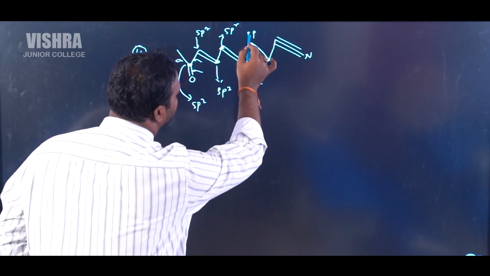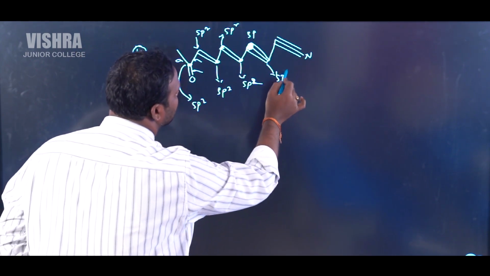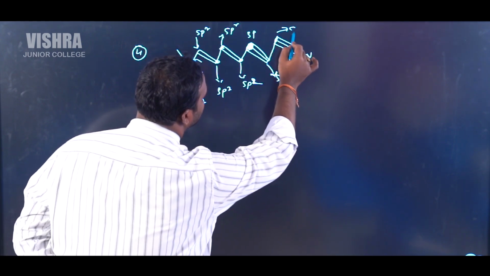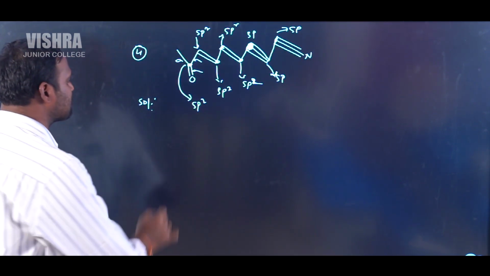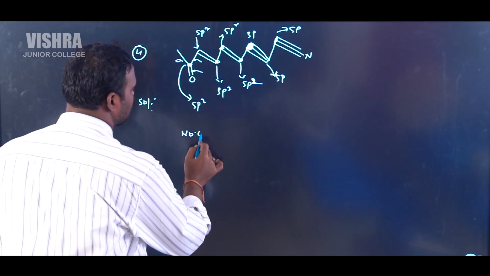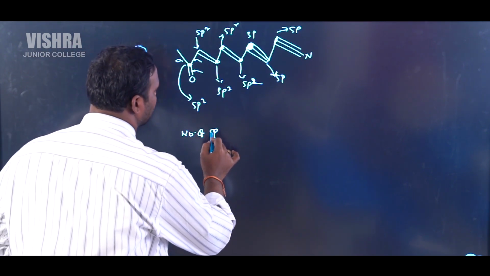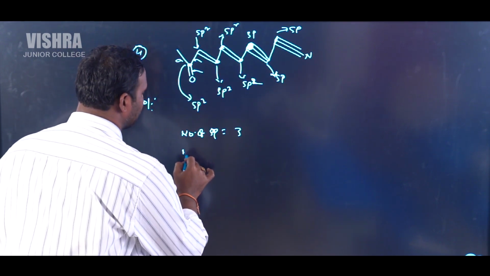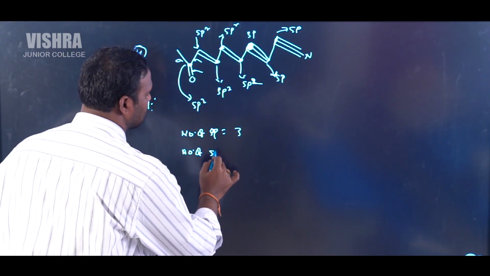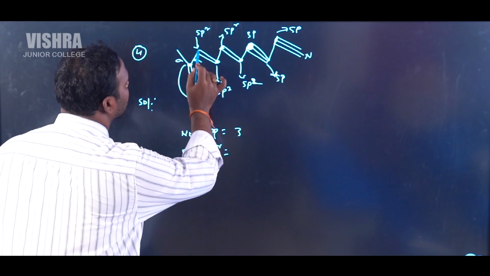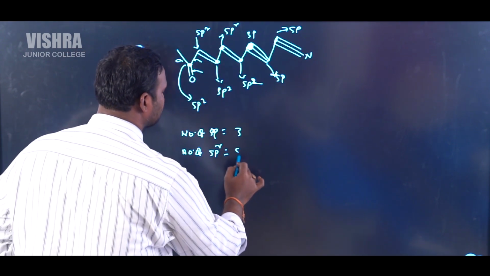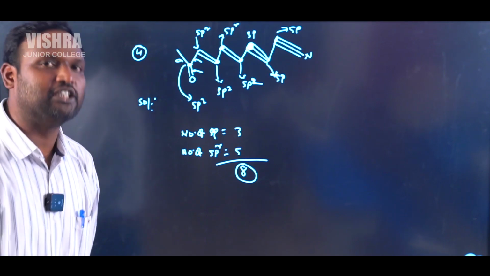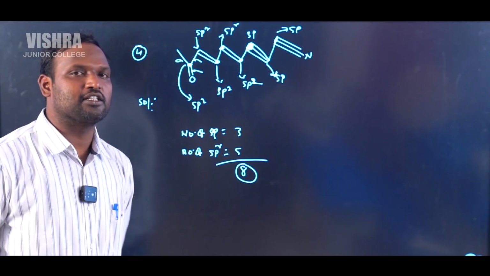So it is sp. It is also sp. This is also sp carbon. So the number of sp carbons in this case is 3. The number of sp2 carbons: 1, 2, 3, 4, 5. So the total number of sp and sp2 hybridized carbon atoms is equal to 8. So that is the correct answer in this case.